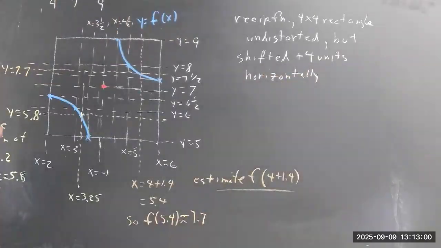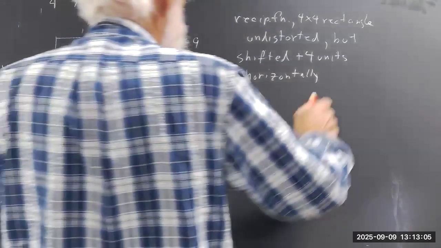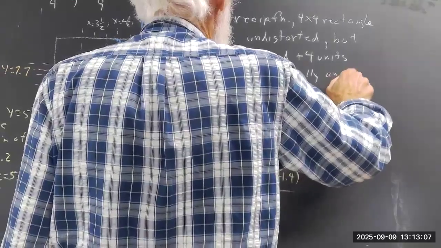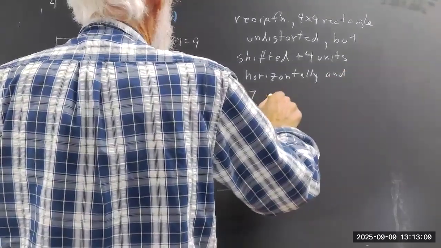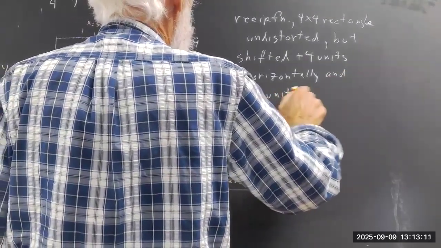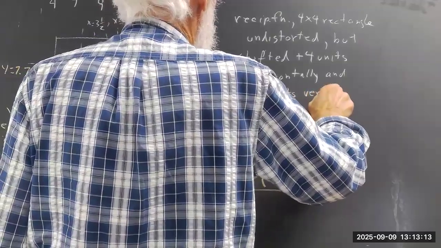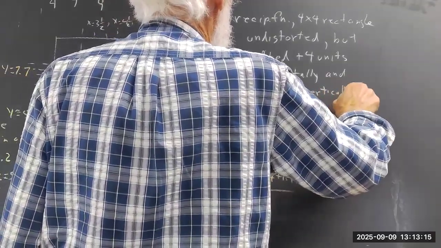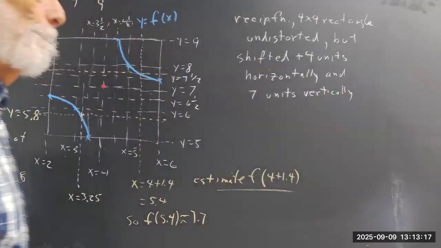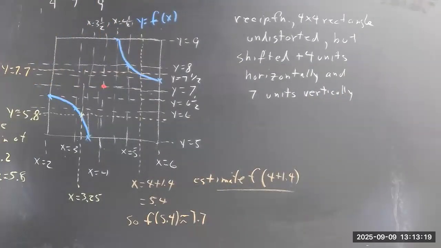The units horizontally, that means in the x direction, 7 units vertically. That makes sense? Because the red dot for the toolkit function is at the origin for type 3 graphs, for the reciprocal function.